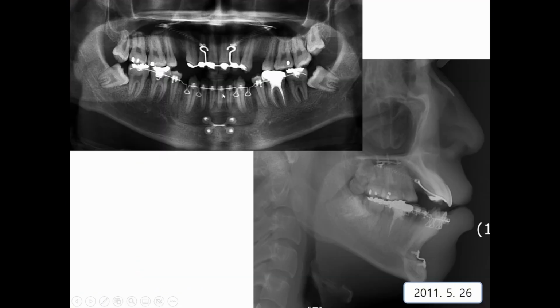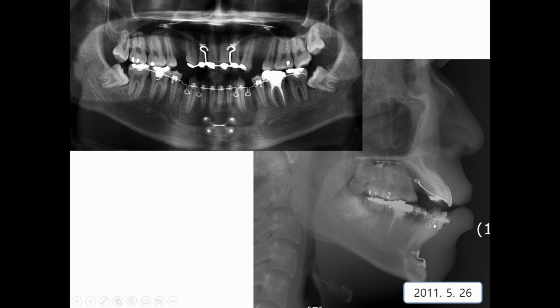So look at, it's a little strong one, but there is very energetic cell reaction around there. So a little heavy force they can accept.